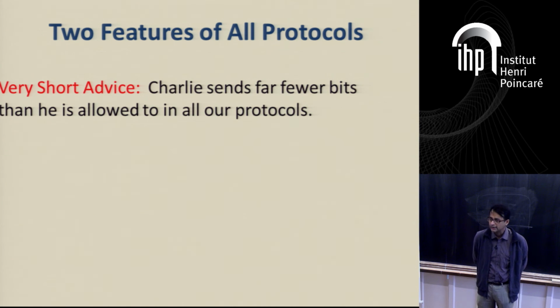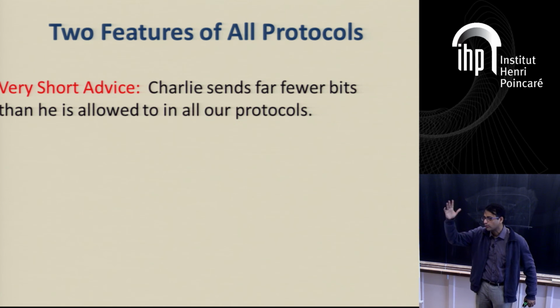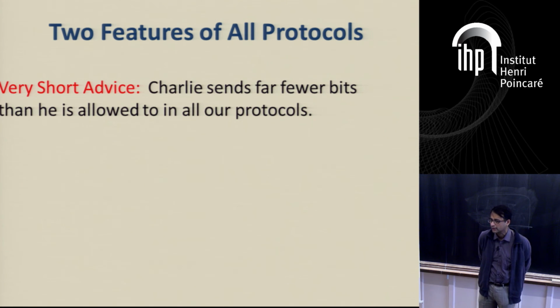Charlie in the original setup is allowed to send little o of k bits of advice, right? And k, if you remember, is n to the 1 plus gamma. So little o of k, for instance, does include things like n times polylog of n, which is superlinear, but still smaller than n to the 1 plus gamma for any constant gamma, right?